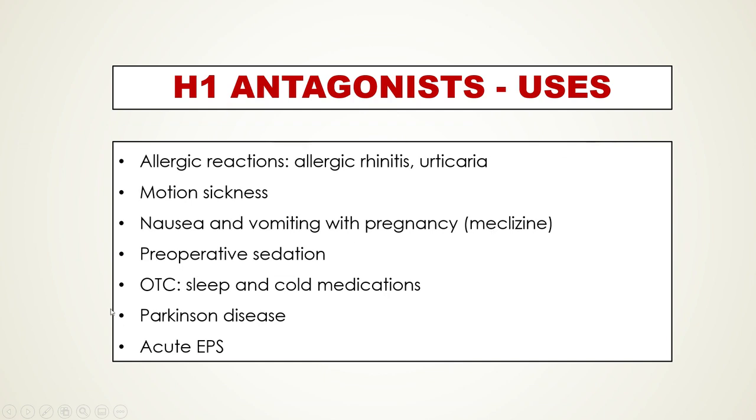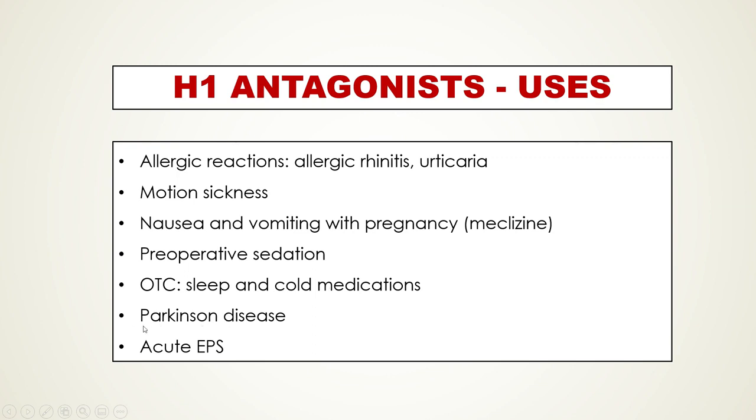In pre-operative sedation, we need to use a first generation drug, followed by over the counter sleep aids. In this case, we need a first generation drug. But if it's an antihistamine found in a cold medication, either a first or second generation drug would be useful.